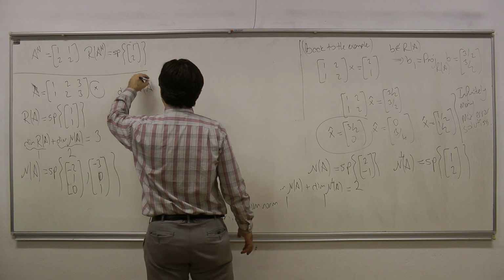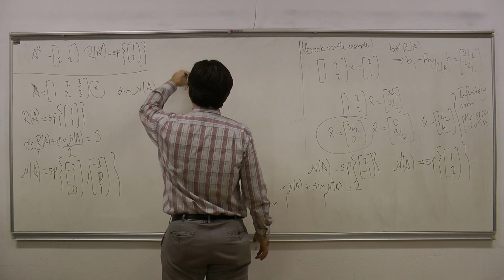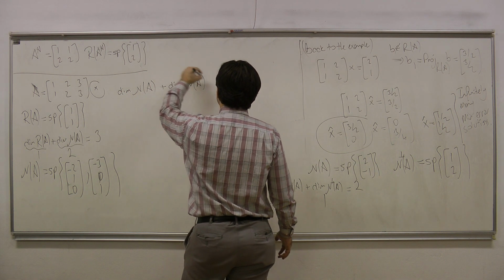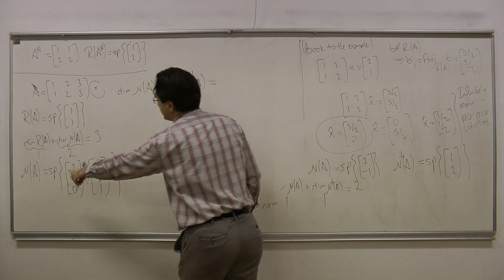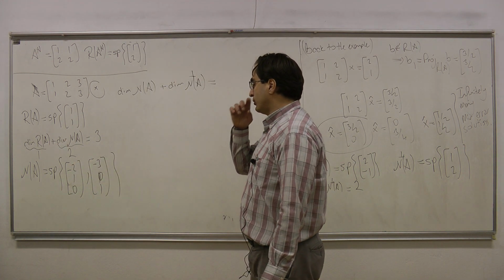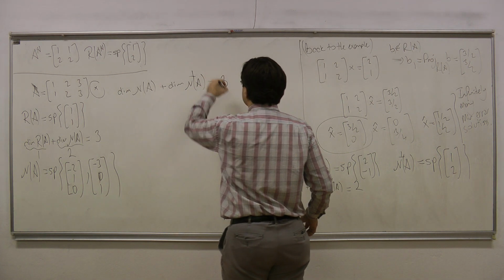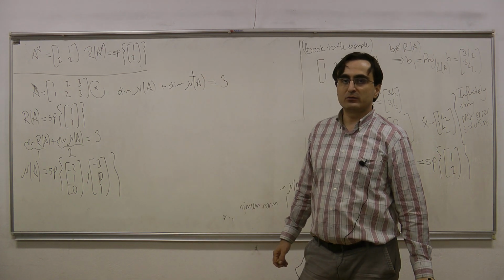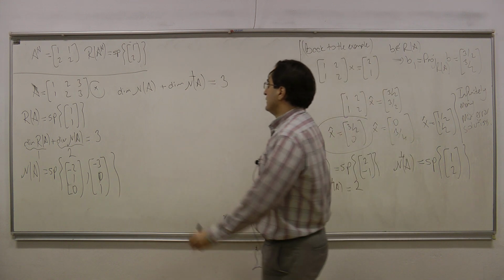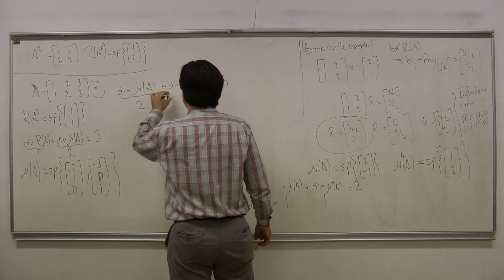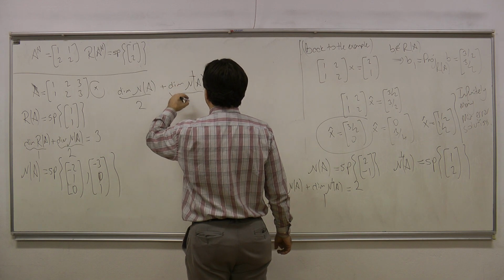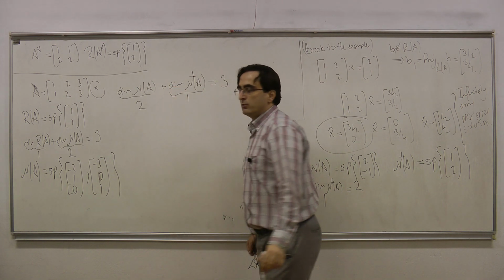So the dimension of the null space of A plus the dimension of the null space of A orthogonal complement should be the dimension of the overall space, which is R3 or C3. So the dimension is going to be 3. Okay? So this is 2-dimensional. As a result, the dimension of the null space of A orthogonal complement should be 1.